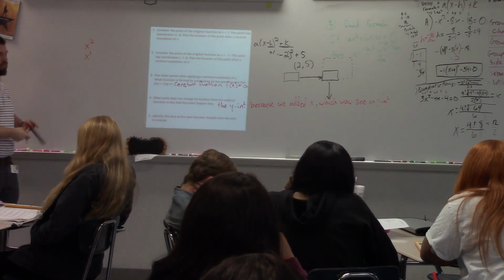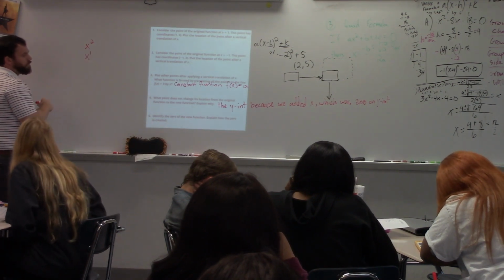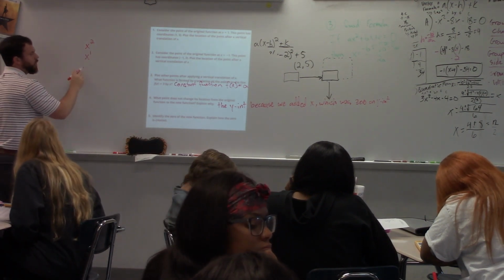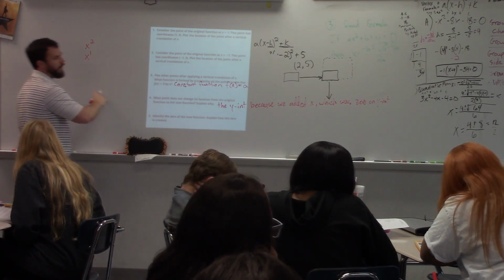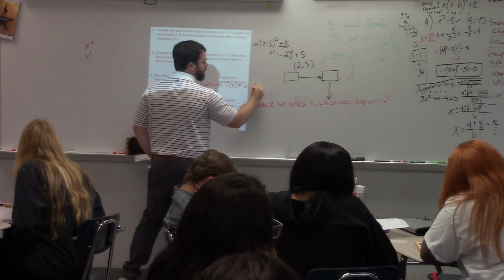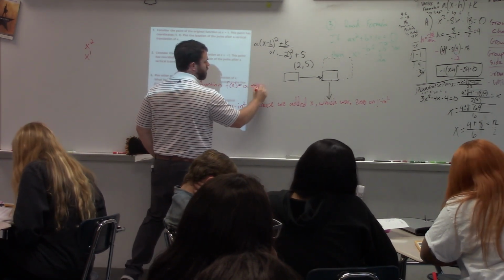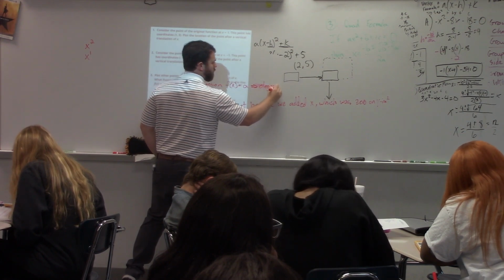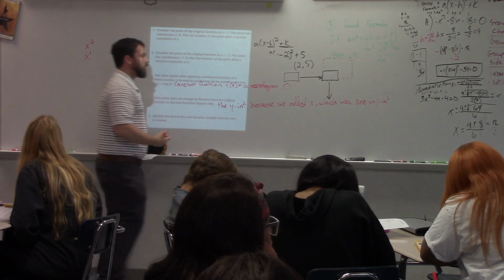Degree 1 or first degree is how we would say that. So if we do not have an x whatsoever, we would call that a 0th degree, or degree 0.